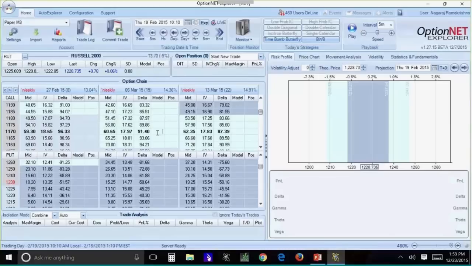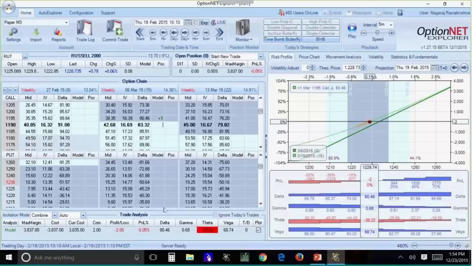No, that doesn't match my delta either. I don't know what's going on, but OptionNet is not matching what my records have. Let's just go through one of the trades using just the delta that OptionNet shows. So that's going to be my long call, and we have Russell 2000 at 1230, so we would do the butterflies at 1210.